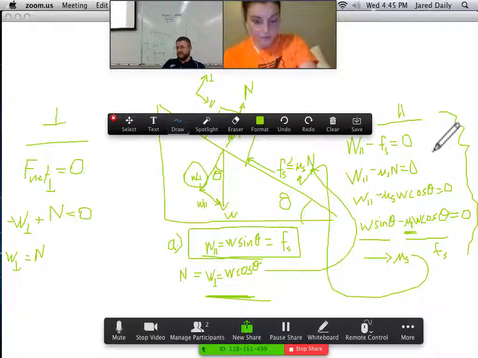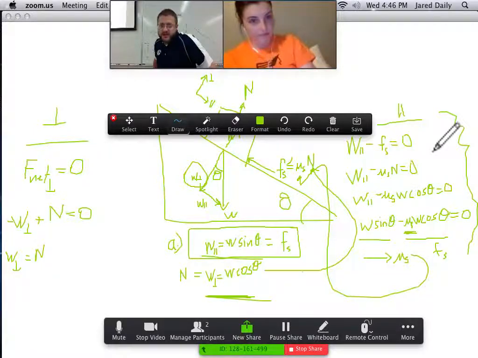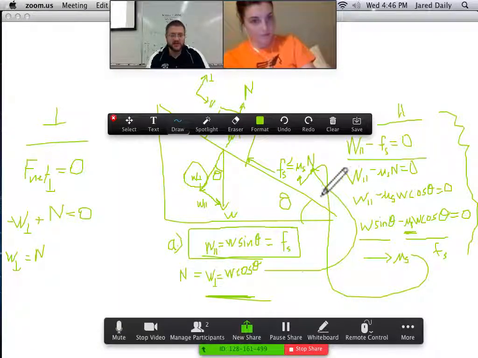So I say that my weight parallel minus the static friction now is equal to mass times the acceleration. That's right. So for that last part where they change the coefficient of friction on you, this equation changes, and instead of being equal to 0, it's equal to mass times acceleration.